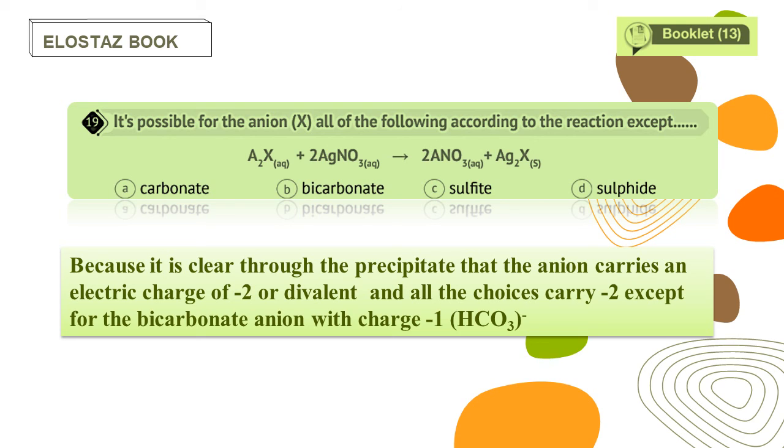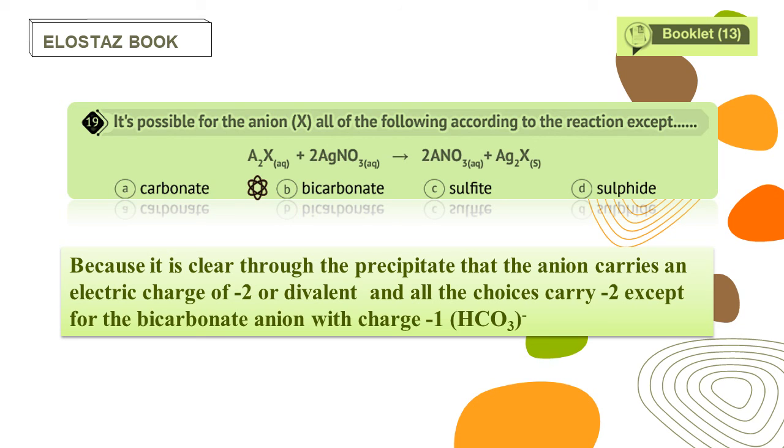So the anion will be one of these choices, except what? Except the one that does not have -2 as a radical, and it will be the bicarbonate anion that carries -1 charge, HCO3 -1.